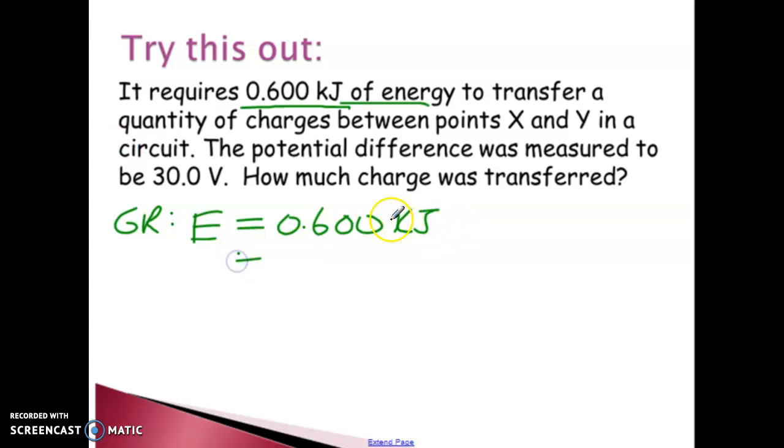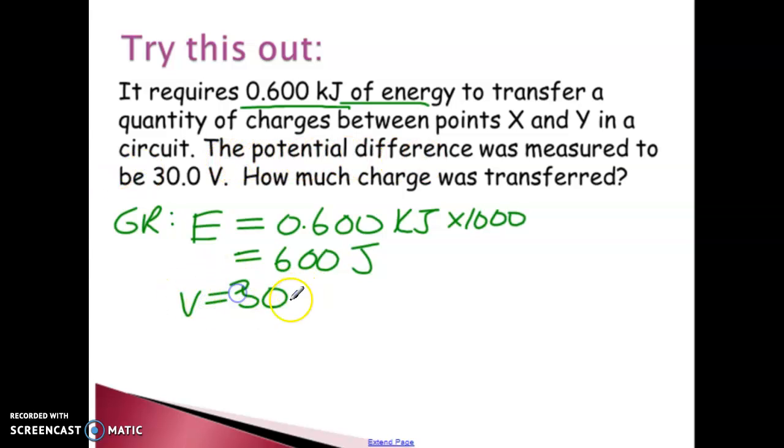To go from kilojoule to joule, you would multiply by 1,000 to get 600 joules. We're also told the potential difference was measured to be 30.0 volts. How much charge was transferred?